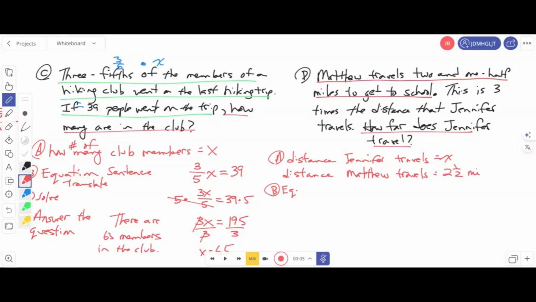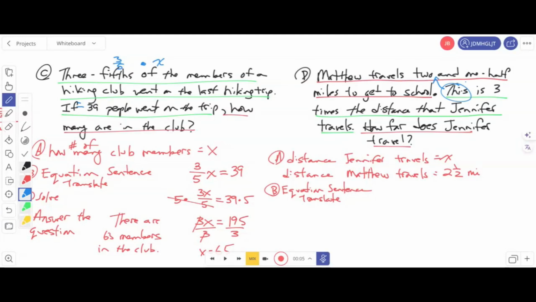Find the equation sentence. This is 3 times the distance Jennifer travels. Translate. This is pointing to something mentioned in the sentence before it.